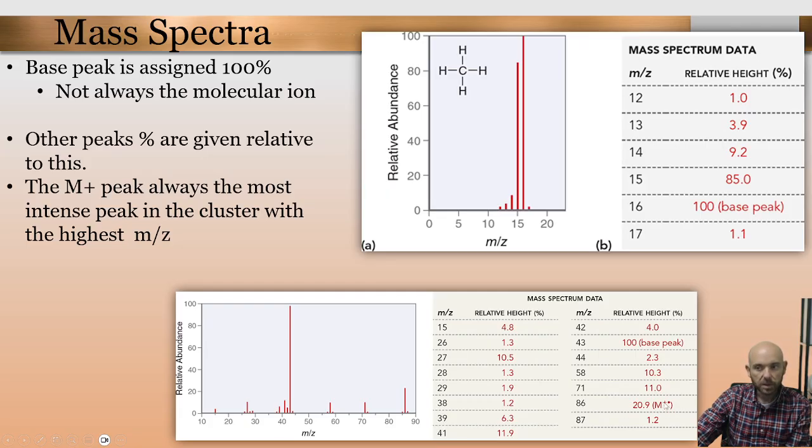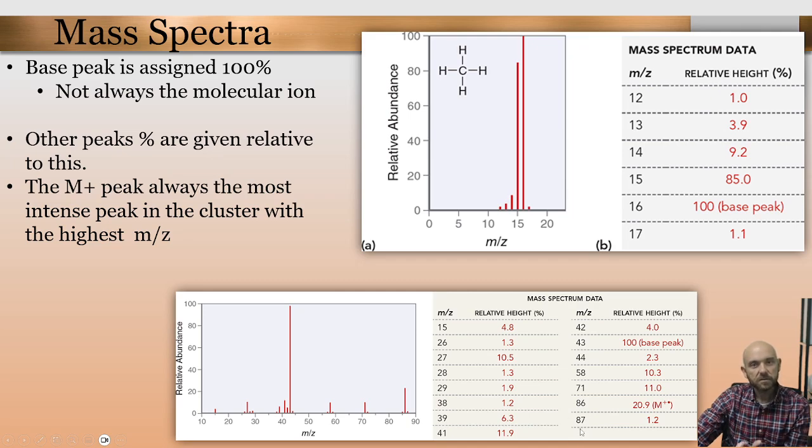That's what the M plus dot symbol is, just the parent molecule that's lost one electron, so it's got a positive charge. It is a radical species, but everything is there, it hasn't fragmented yet, and overall that has a mass of 86. But there's another peak there, a peak of 87.